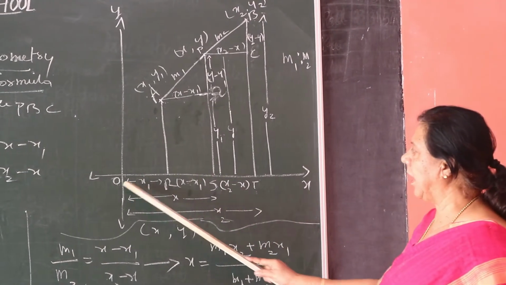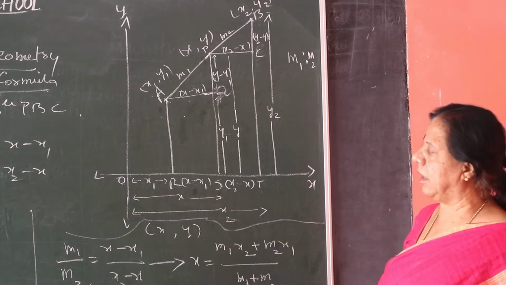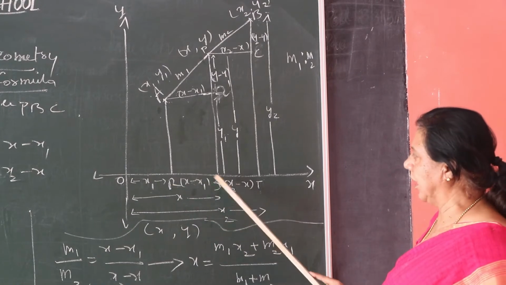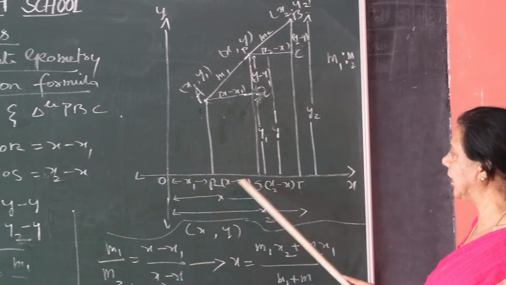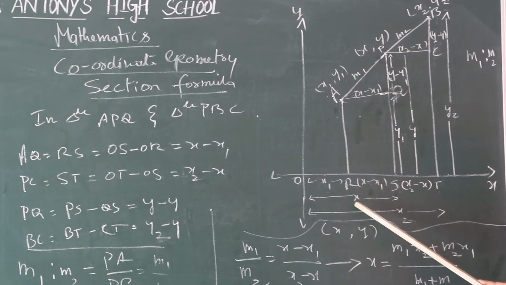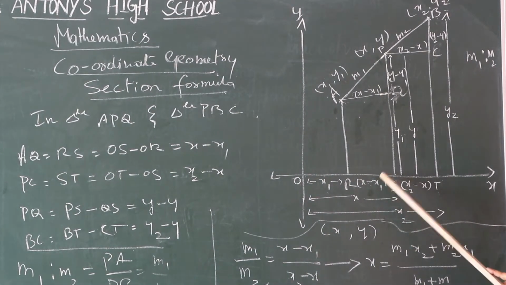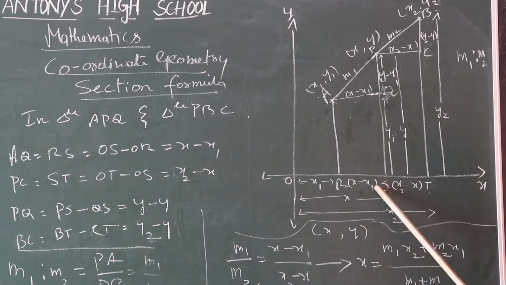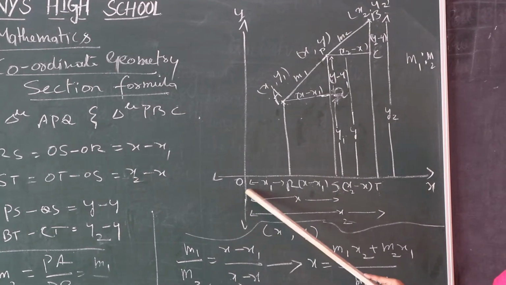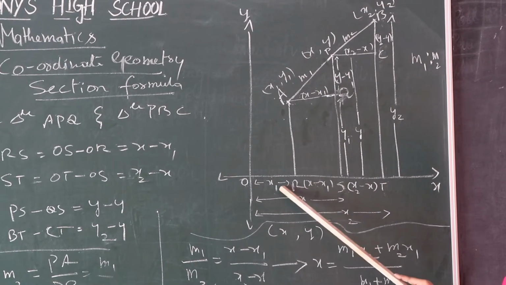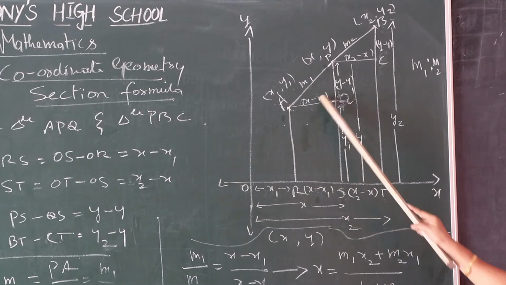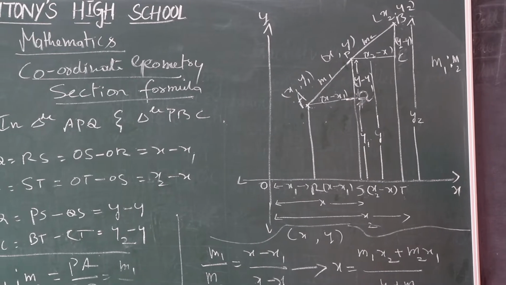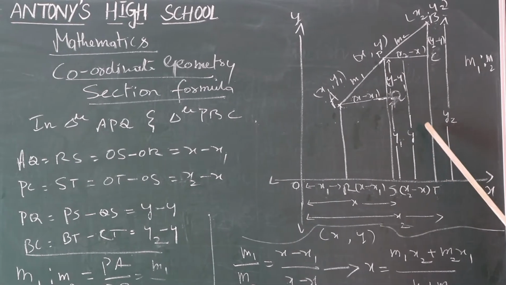OS minus OR, that is x minus x1. These two sides are equal, that is why this side is also x minus x1. Clear, children? So next we will go to the next one.